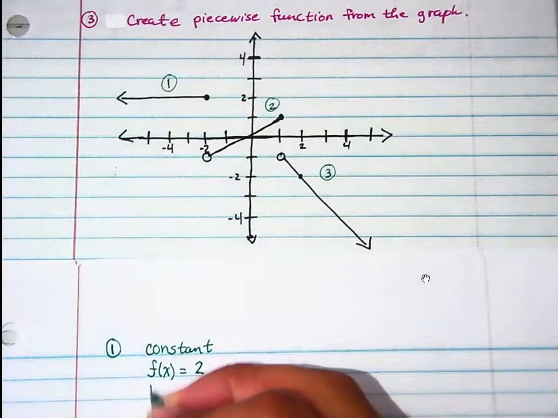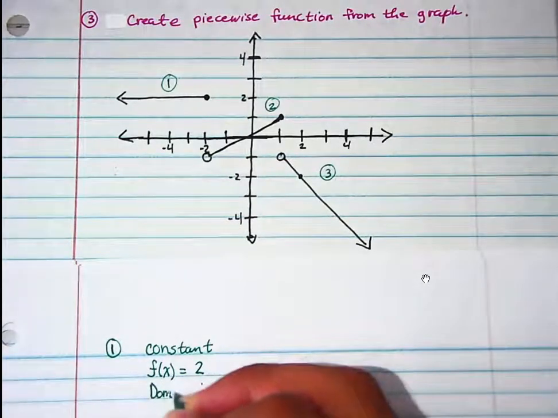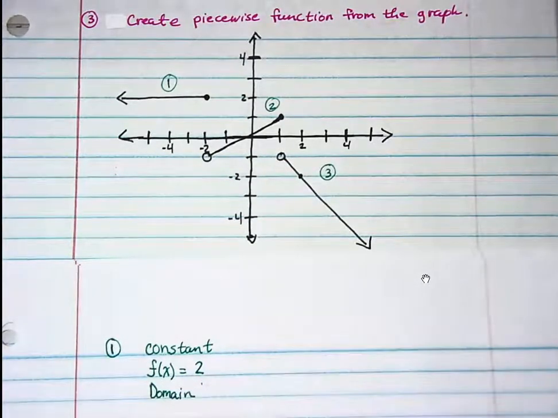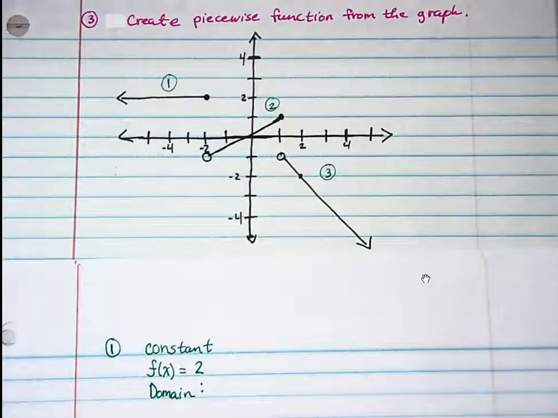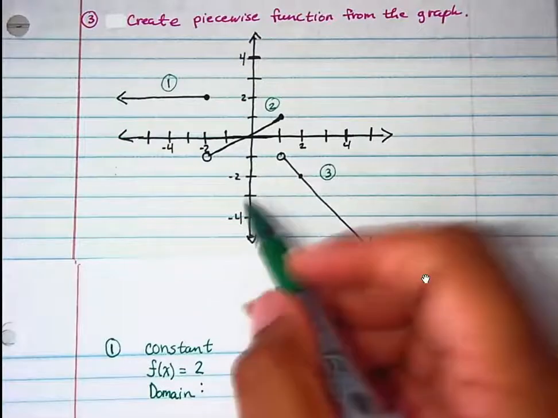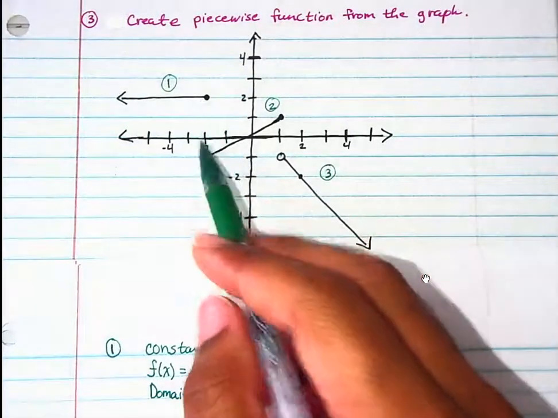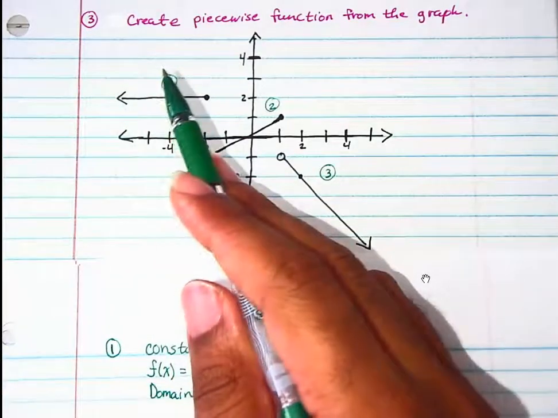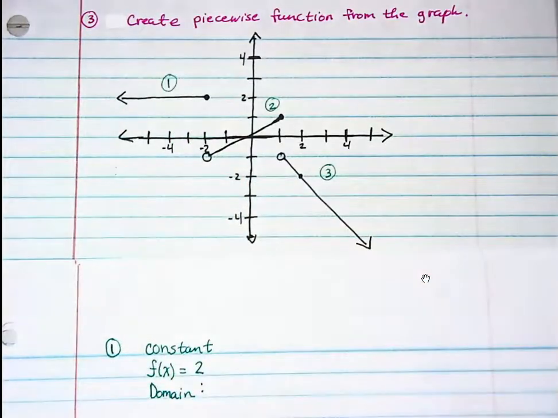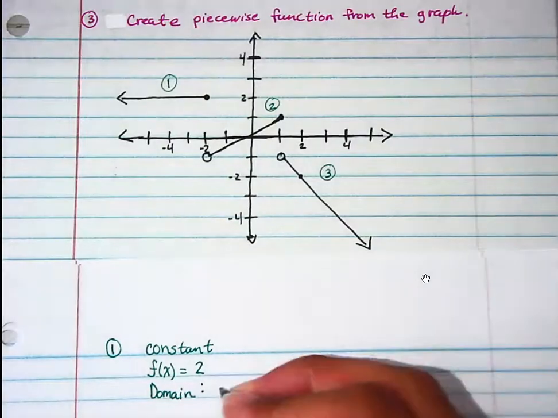But remember, with this, you must find your domain for it too. So we must find our domain here, and then we can tell what's really happening. All right, so a domain, it starts at -2, and then it goes back this way. So it starts at -2, but then it goes less than that. All numbers that are less than.